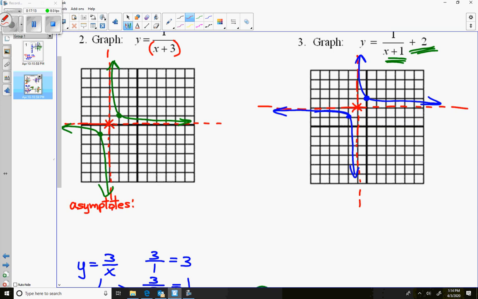The equation of a vertical line is always x equals. So this vertical line, it crosses the x-axis where? At -3. Your horizontal line, where does it cross the y-axis? At 0. So x equals -3 and y equals 0 are the equations of your two asymptotes.